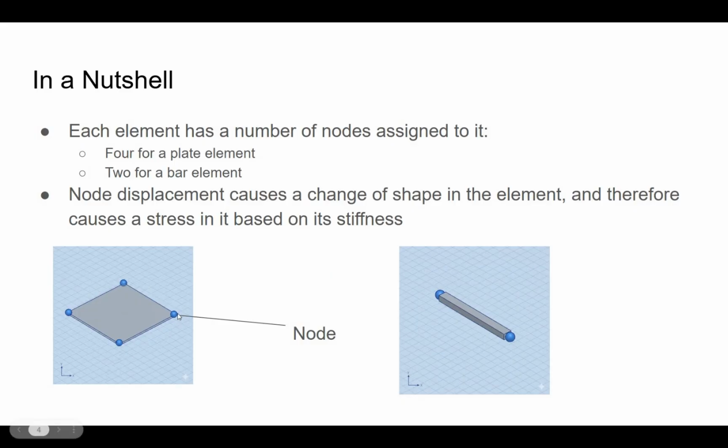Nodes are also how the software in the background, or the hand calcs that you're doing, calculate the change in position of each of these nodes so that the element can capture its stresses and strains, because if you change the location or position of these nodes, it is going to change the shape of the element. And from there, that's how the software calculates stresses and strains and whatnot.